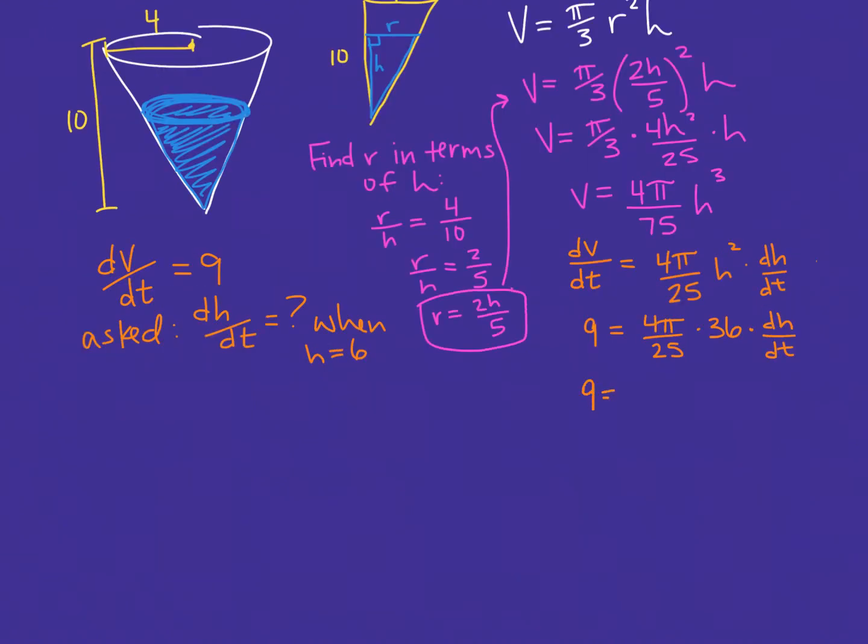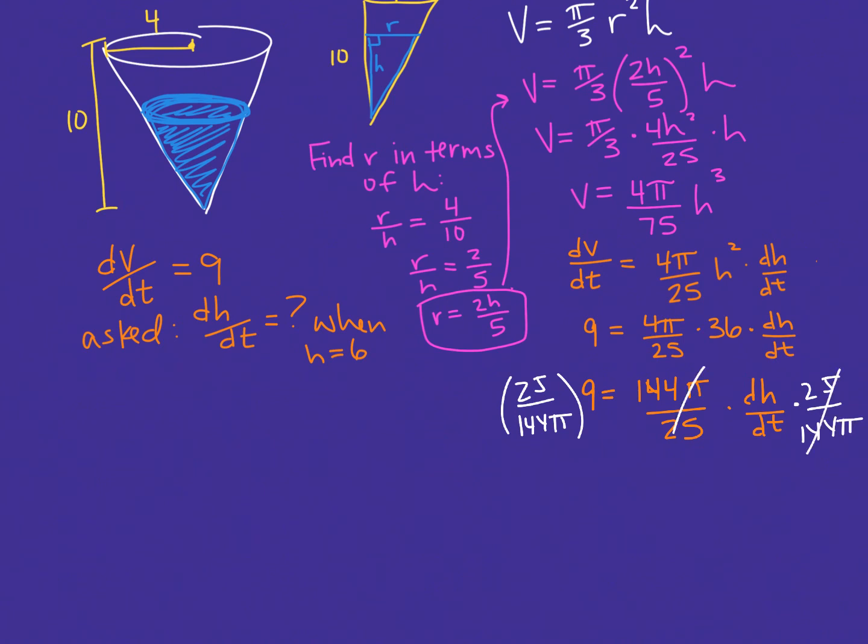So we'll have 9 equals 4 times 36 is 144. So it's 144 pi over 25 times dh/dt. Now I want to get rid of this 144 pi over 25. So I'm going to multiply both sides by that reciprocal, so 25 over 144 pi. And when we multiply this side by that, that'll go away.